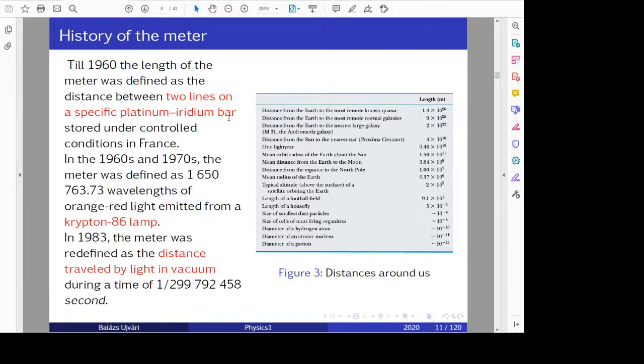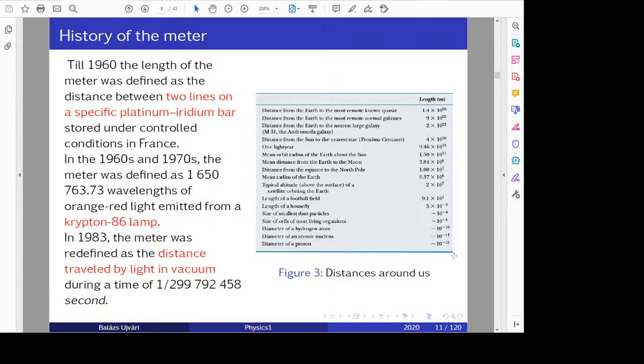We use very different distances. Like the diameter of the proton, which is the shortest distance we can measure. Perhaps you know the electrons are smaller than the proton, but technically, based on all the knowledge we have right now, the electron is a point-like object.